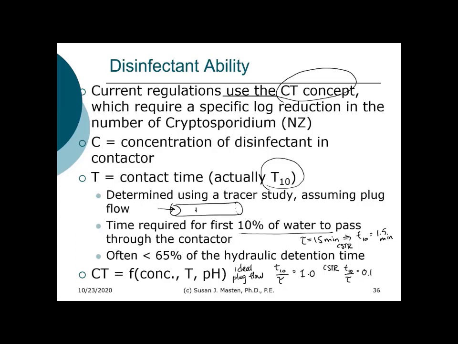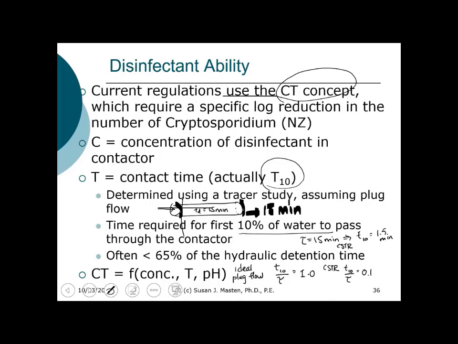And if our detention time is 15 minutes in this, if we have no dispersion, then that plug that we've created here moves through in 15 minutes. It just simply moves as a plug, and the entire plug would leave that reactor after 15 minutes. So this is the concept that we're using with CT.